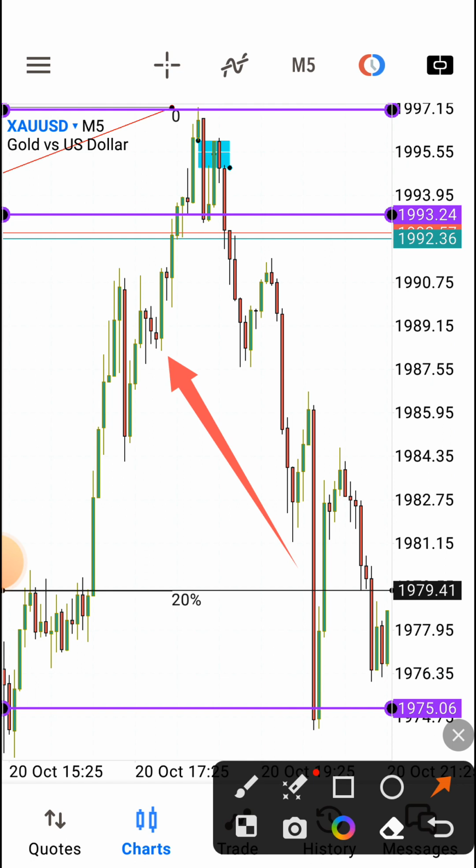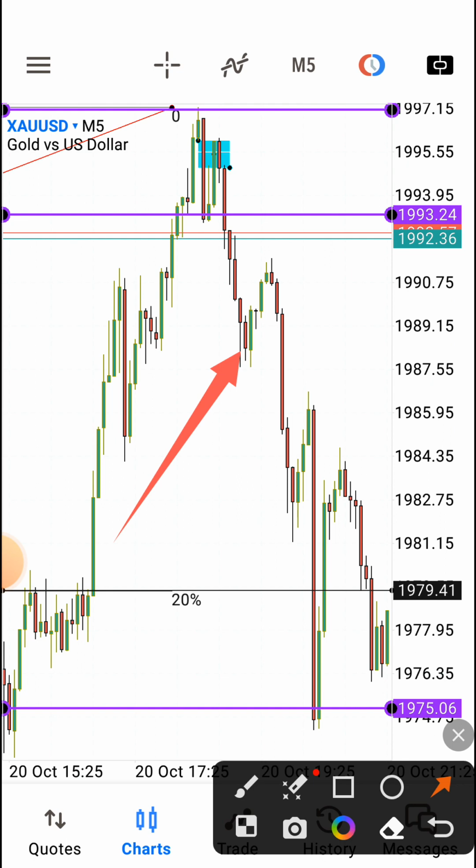Also, see this point here. Which one is low? The second one, right? Once this happens, you wait for a fair value gap to form in between this leg from up here to down here. But remember, there will be a fair value gap that is going to remain unfilled.